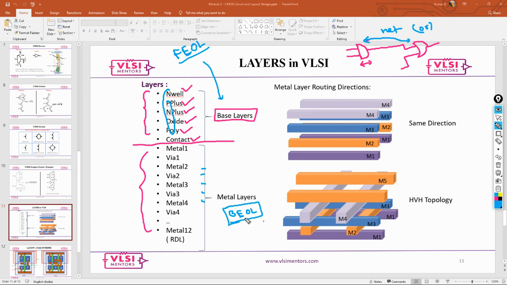Remember, base layers are the ones which form a transistor, and your metal is the one used to connect the pins, or the physical wiring. So in industry some companies refer to it as FEOL and BEOL, meaning back end of line.